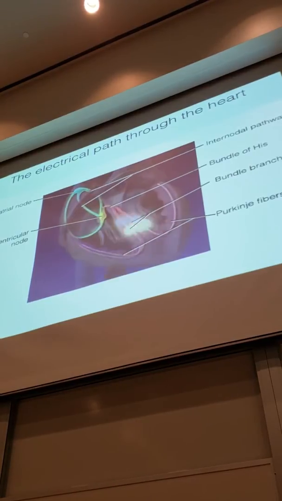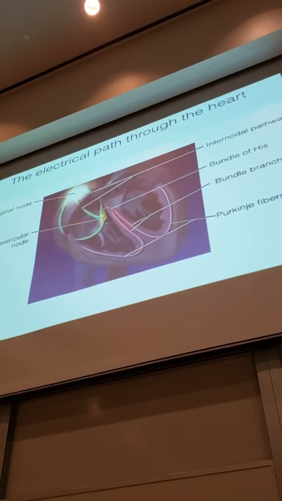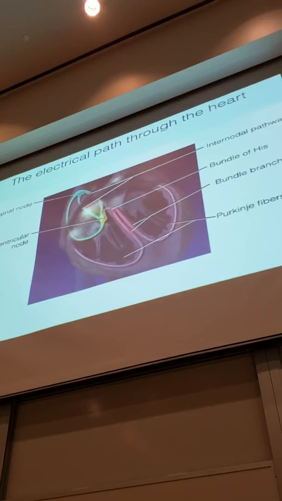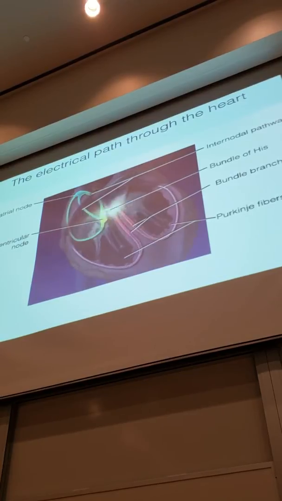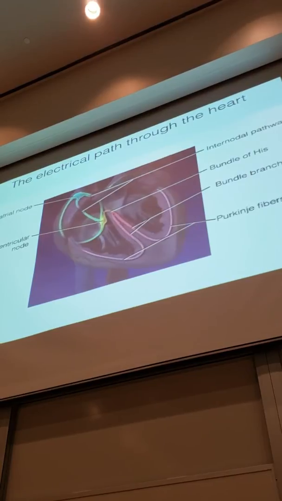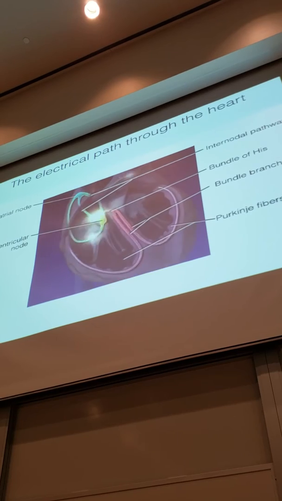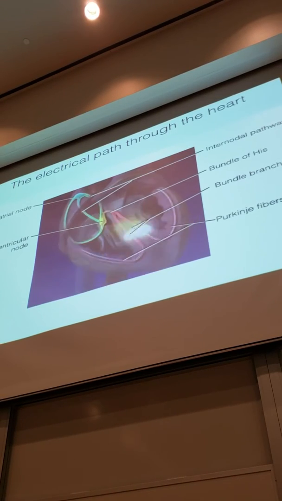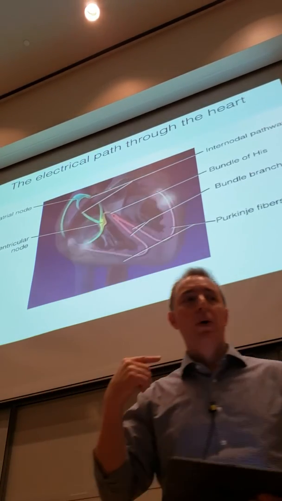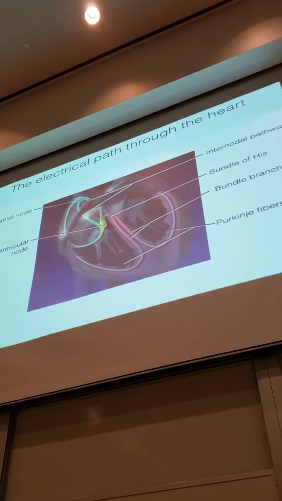And then the AV node, once it's excited, will send signals down into the bundle of His and the bundle branches. And from there, as well as Purkinje fibers, we're going to stimulate the ventricular contractile cells. Okay. So electrical activities that we're watching up here have the primary job of stimulating electrical activity in contractile cells.